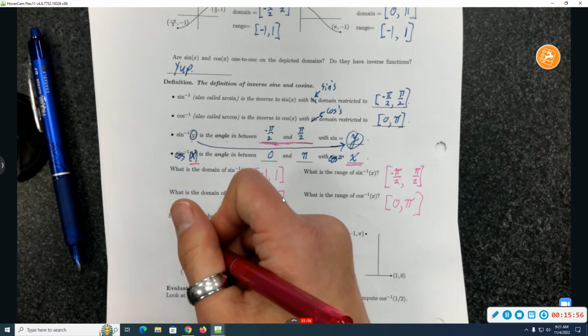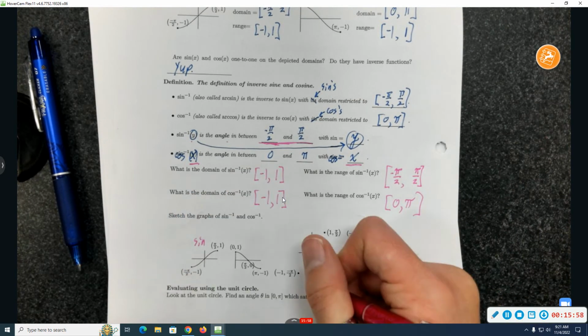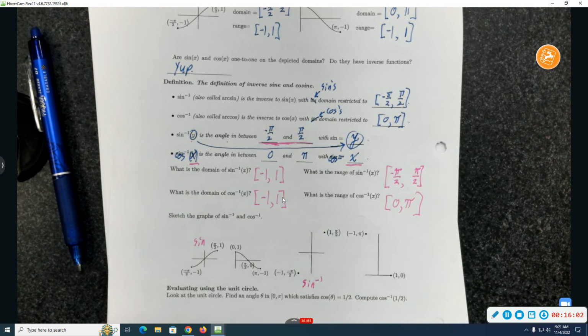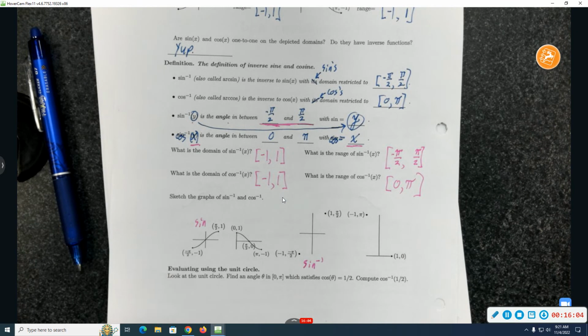So here's the graph of sine. So let's use that to sketch the graph of sine inverse. So I see here the point -pi/2, -1. So where will that point go when you do this transformation? -1, -pi/2.